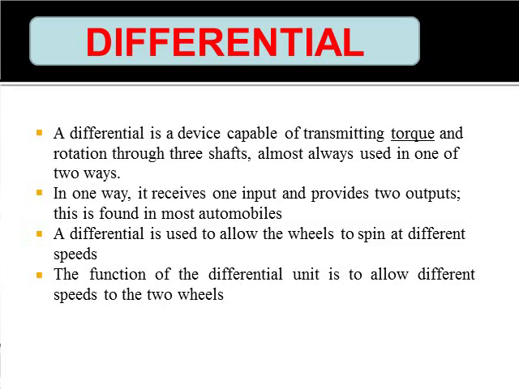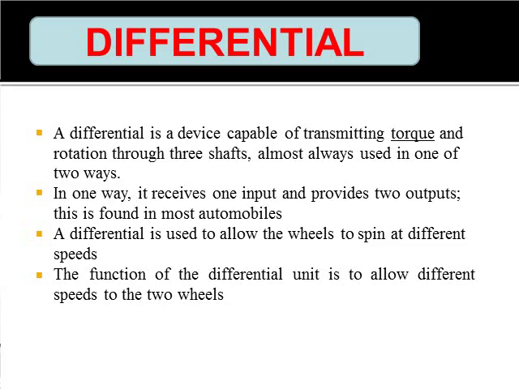A differential is a device capable of transferring torque and rotation through three shafts, almost always used in one of two ways. In one way, it receives one input and provides two outputs. It is found in most automobiles. A differential is used to allow the wheels to spin at different speeds.